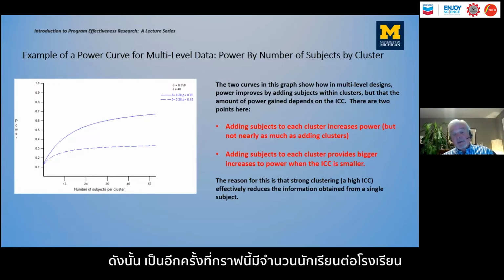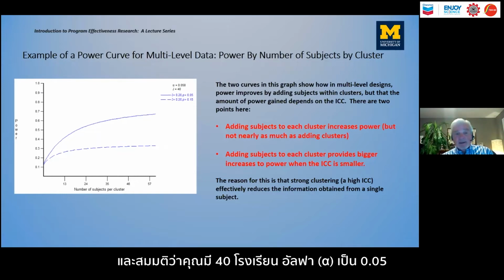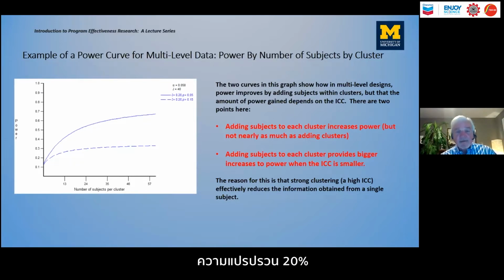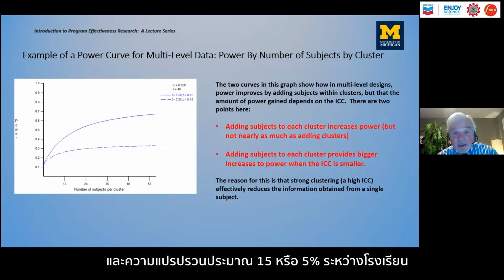So this graph, again, has the number of students per school, and it's assuming you have 40 schools. It's assuming an alpha of 0.05 and 5% of the variance lying among schools.